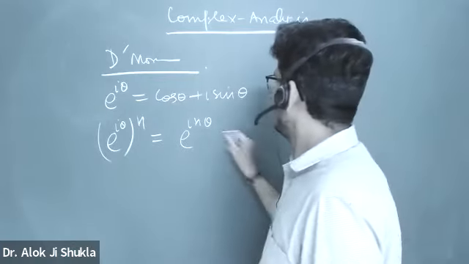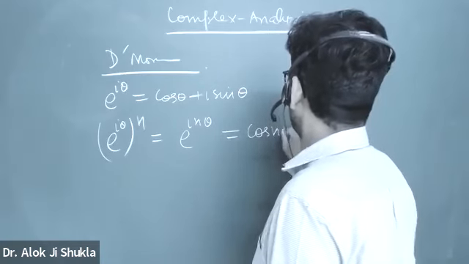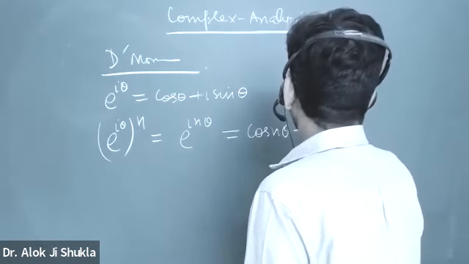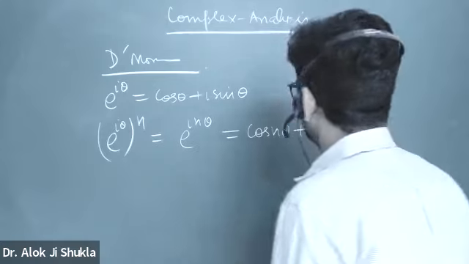And when you open this, it will become cos of n theta plus iota sine of n theta. This is called de Moivre's theorem.